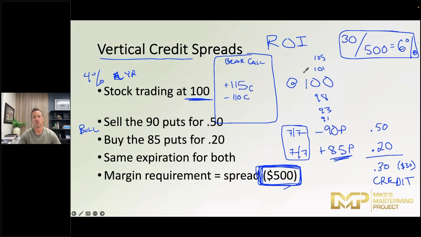Okay, so again, stock's trading at 100, right? And maybe we bring in something similar. We'll just use the same numbers to keep it similar. Usually there's a slight difference, but not by a ton. So if we're selling the 110 call, buying the 115 call, we still have a credit.